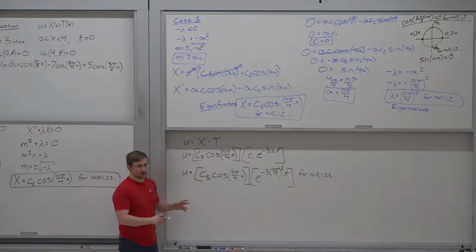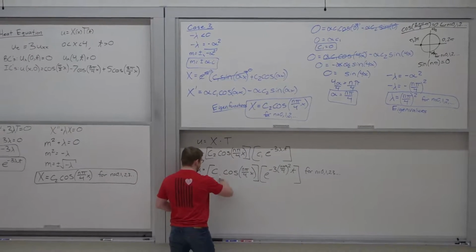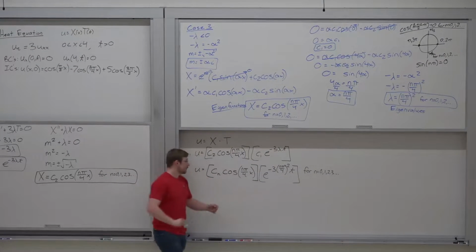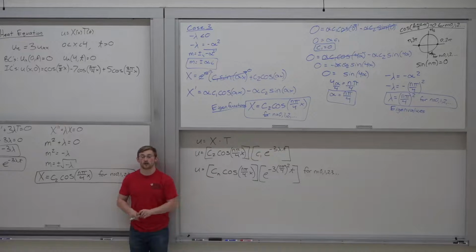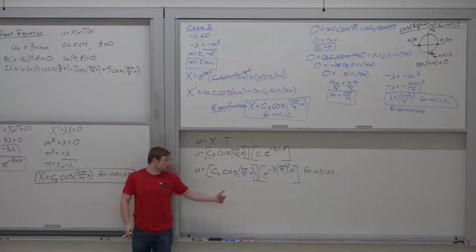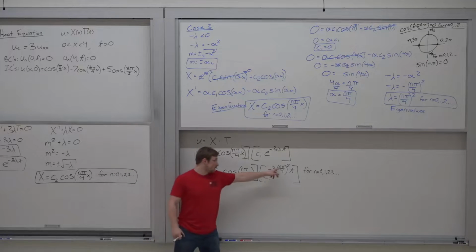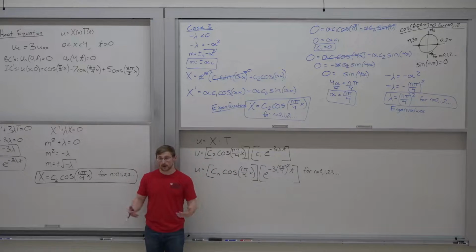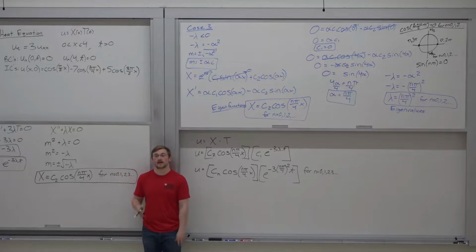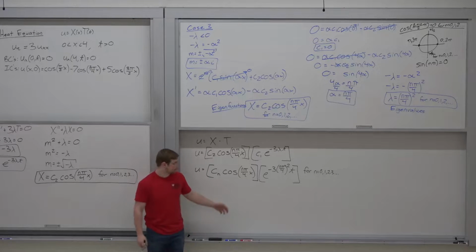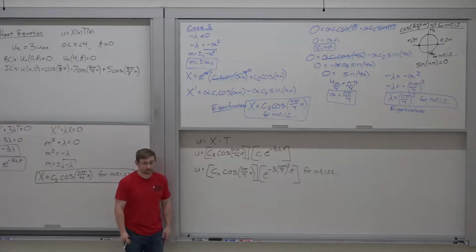Now, technically, I shouldn't have written this as c3. I should write it as c sub n, because for each value of n that I choose, I'm going to get a different constant. If I plugged in n equals 0, I would get one constant. If I plug in n equals 5, I would get a different constant. N equals 17, I would get a different constant. So we have this equation.